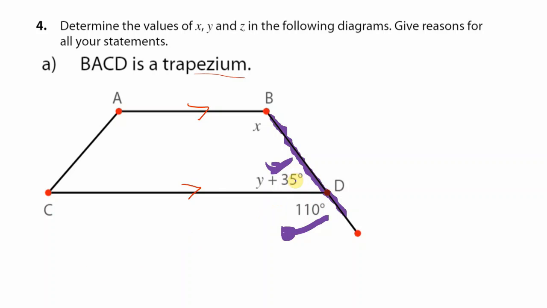So we can say y plus 35 degrees plus the 110 degrees together equal 180 degrees. It is angles on a straight line.